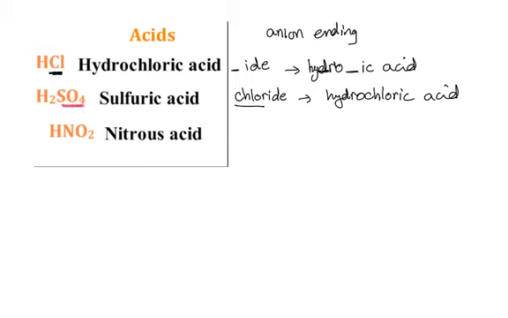H2SO4, so SO4 is my anion. SO4 is sulfate. So if your ending is "ate," then the name of the acid is "ic" acid. So basically it's kind of like the first one except without the hydro.